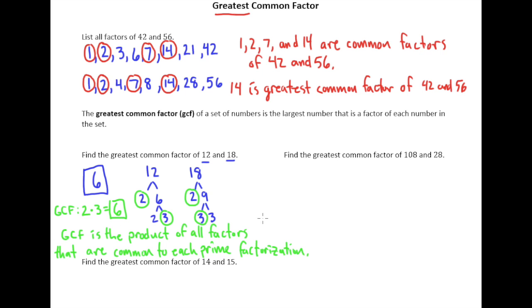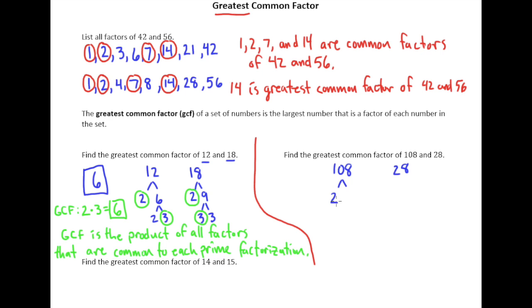So moving over to the next example, the fact that we're dealing with some bigger numbers here suggests that we should probably just start using this more systematic approach. And so we will take 108 and 28 and we'll prime factor them. Remember, when prime factoring a big number like 108, don't try to be a hero, just find something that goes into 108.